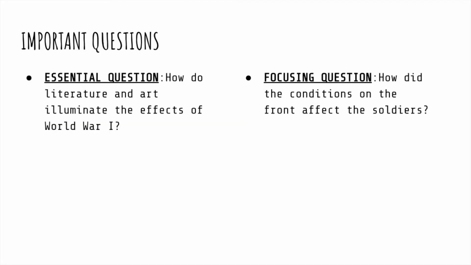So remember, the important question we're focusing on the most is how did the conditions on the front affect the soldiers? And we're going to be able to see how the conditions are affecting the soldiers by the specific word choices the author uses.